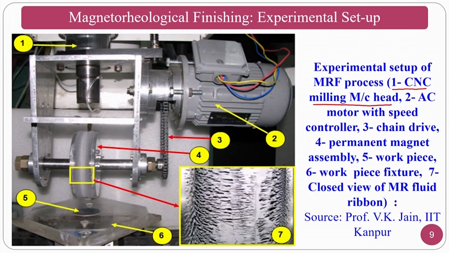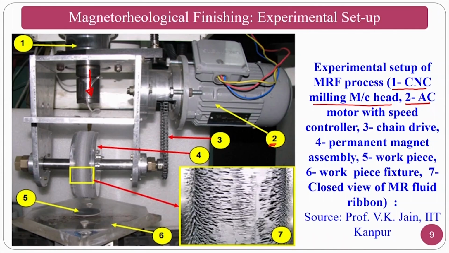The only thing is that this is the head of the end milling process, wherein you are holding the MR finishing head. The second one is an AC motor with a speed controller. This one is a speed controller along with the motor, and the third one is the chain drive system.